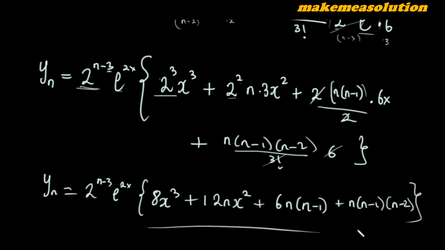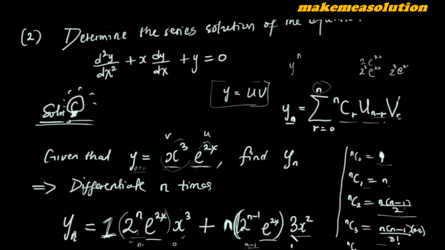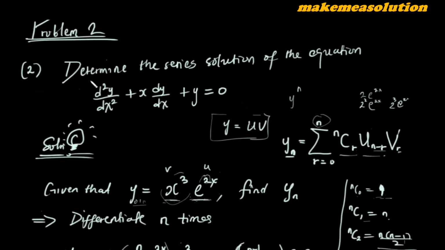So this is the solution to this particular problem. So I hope you understood it. So with this concept of differentiating n times, we are going to use it to find the solution of this particular problem.